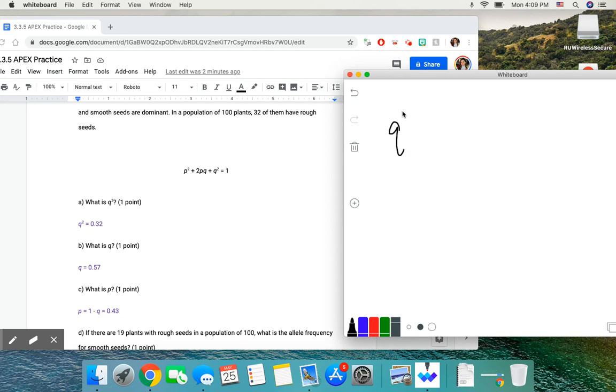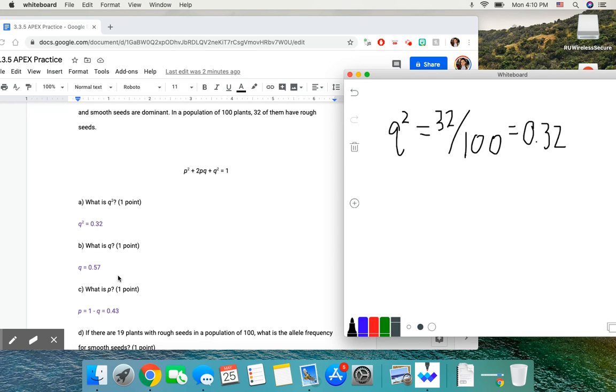So Q squared, just bear with me, equals 32 out of 100. So put that in your calculator, you're going to get 0.32. Okay, so that's Q squared.